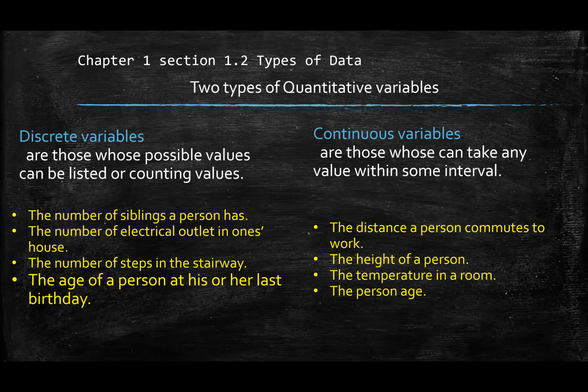For instance, height, 5 feet 2 inches. Is it really exactly 5 feet 2 inches? Not really. It can be 5 feet 2.1 inches or 1.9 or something like that. So if you can break it down to a smaller unit, then it's continuous.